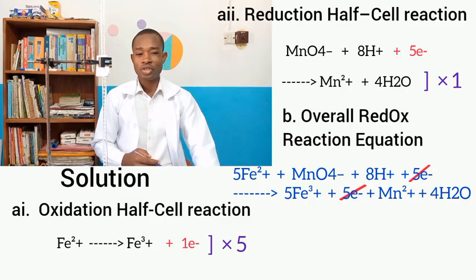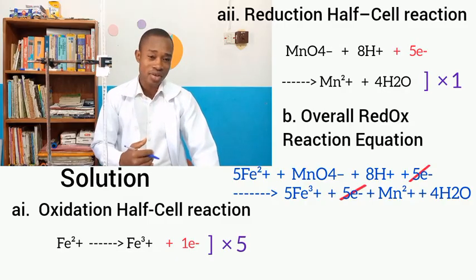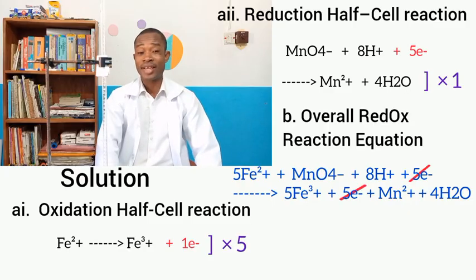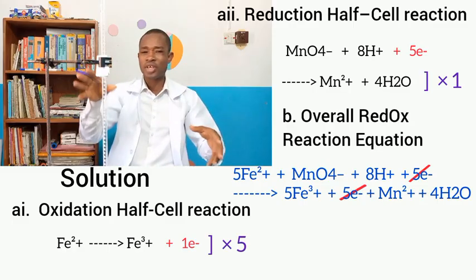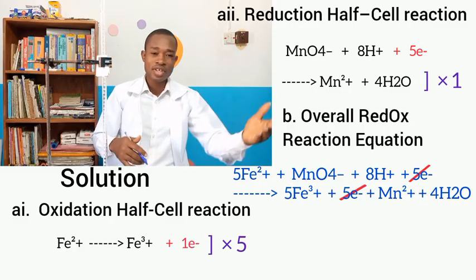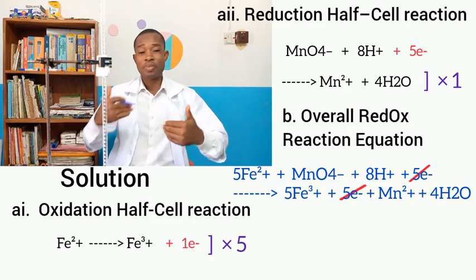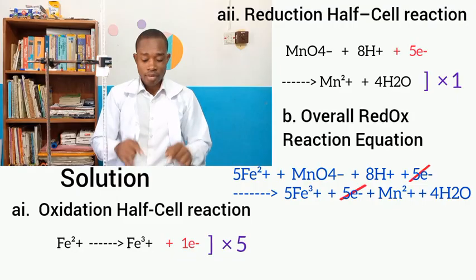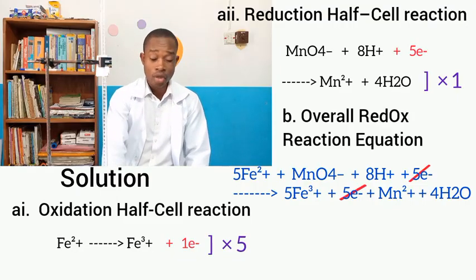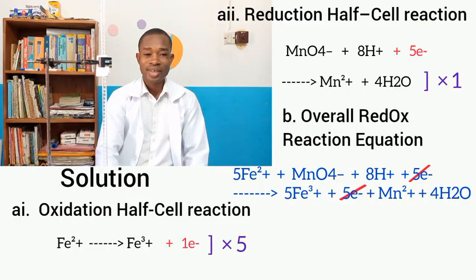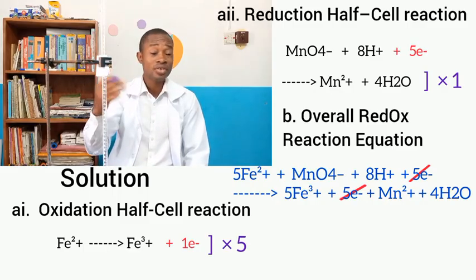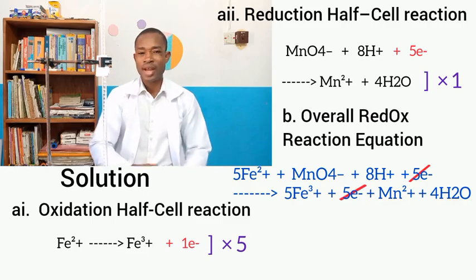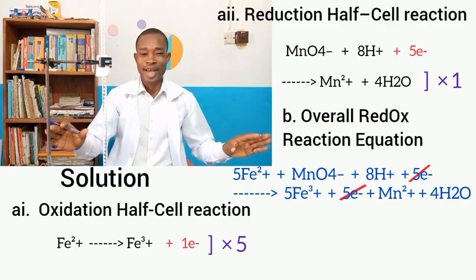So you notice that, and I told you when I was discussing how you handle and analyze the half cell reaction equations, if we had not done that cross multiplication, multiplying the oxidation process by 5 and the reduction process by 1, by the time we are carrying out this overall redox reaction balancing, we would have problems with our electrons. Is that okay? But you notice that because we've compensated for that in the half cell redox reaction equations, this balances directly on its own, naturally.